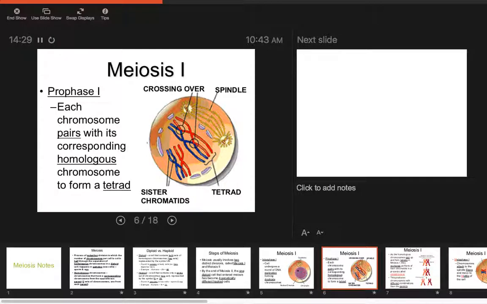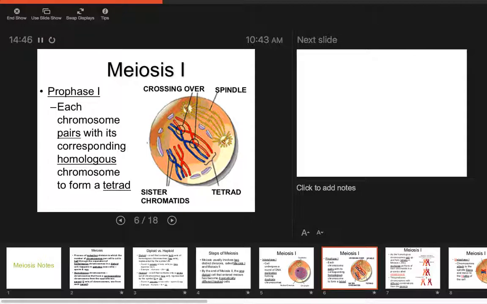So crossing over. Here's what happens during crossing over. The chromosomes literally cross over each other and they exchange genetic information. So now instead of being identical, you're going to get genetic variety in these new cells that are formed.